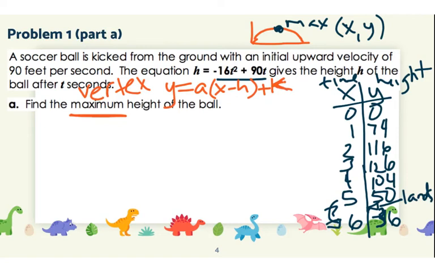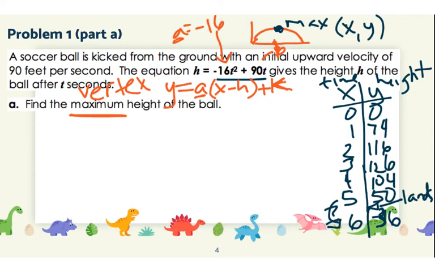Okay, so here I know that a is negative 16, b is 90, and c, there is no c. Okay, cool. So I already know that a negative 16 will be there, right? Because that's part of the standard form, the a, the b, the c.